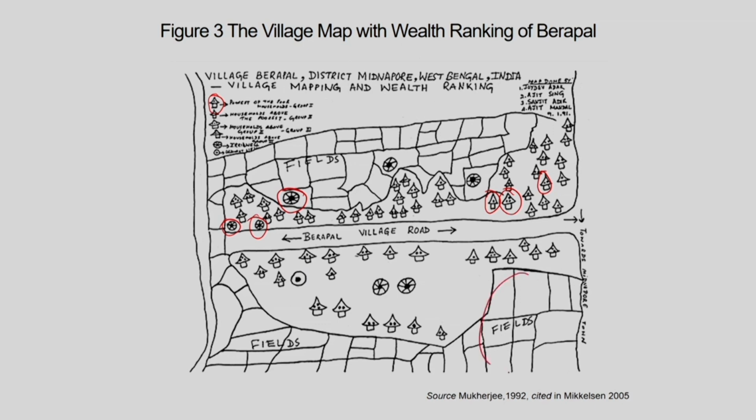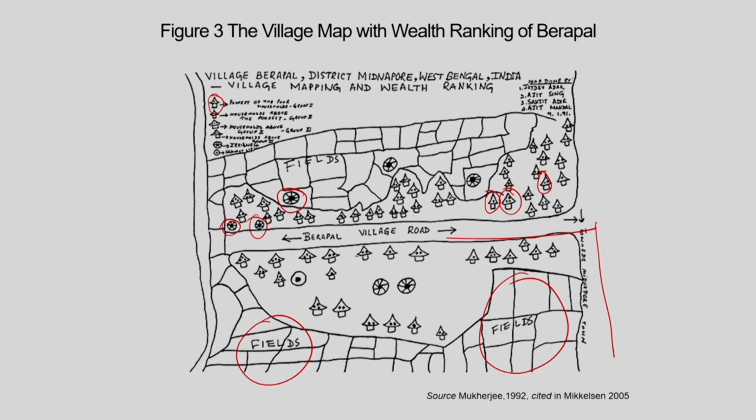So, these are the fields here which the villagers drew in the social map. This is the village road towards the town here. Then the villagers were requested to map the entire village with fields, roads and houses.